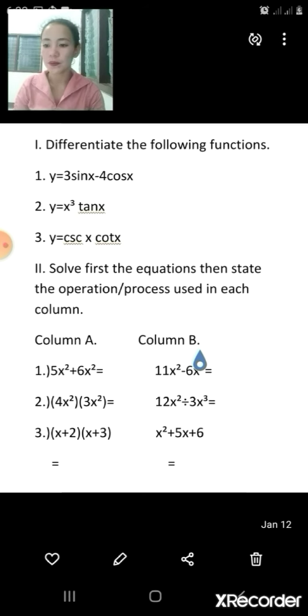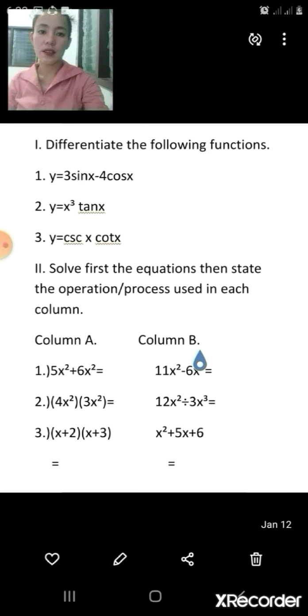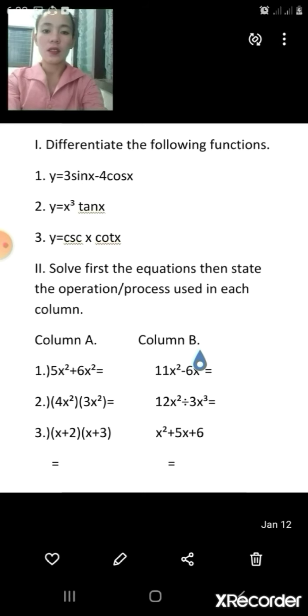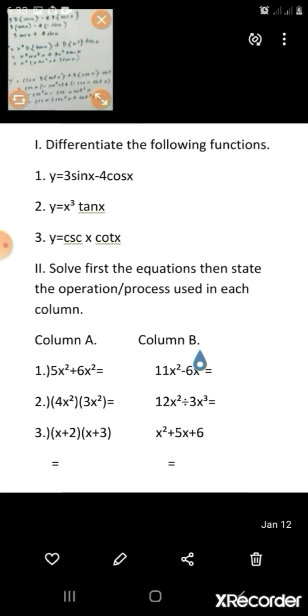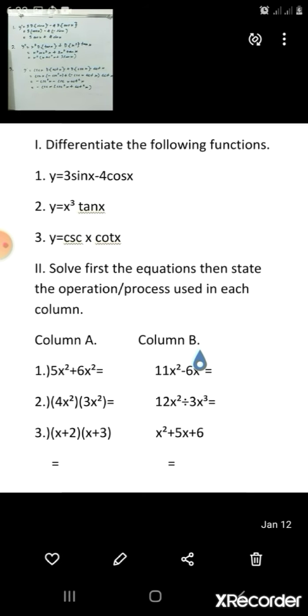Alright, is everyone done? First, I will show you the answers so you can compare them to your work. This is the answer of the first. The 1, 2, and 3.